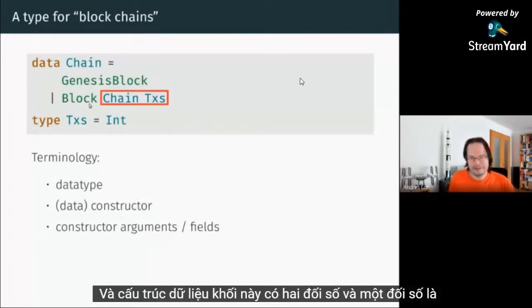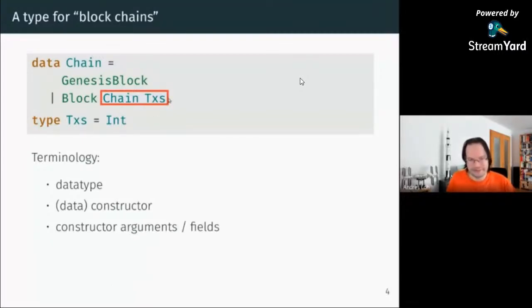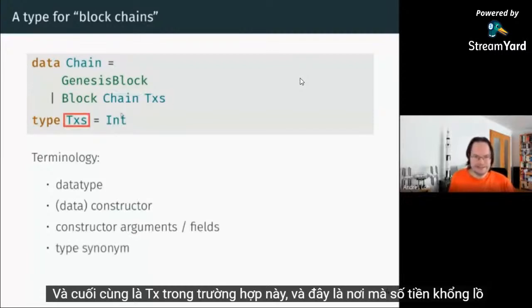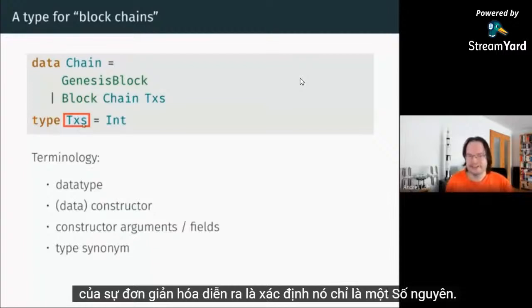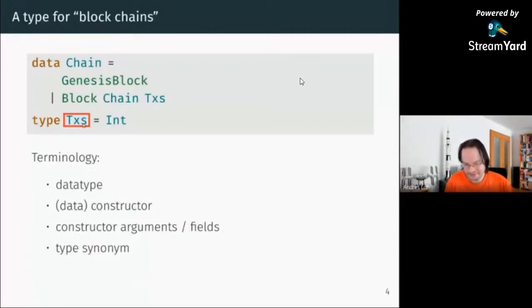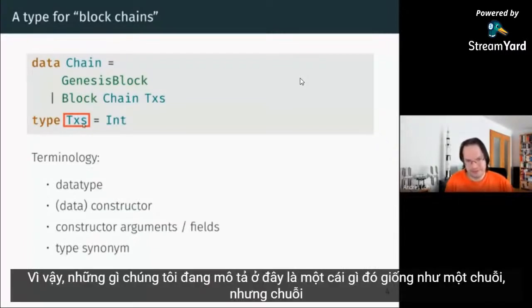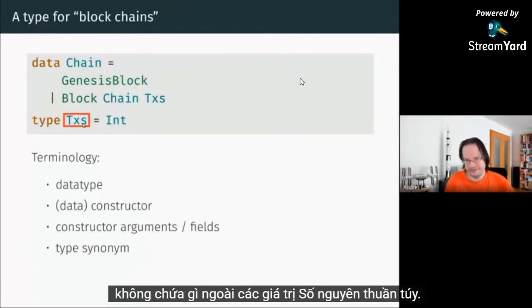And this block data constructor has 2 arguments, and one is of type chain, and one is of type TXS, which is short for transactions. And then finally, TXS in this case, and this is where the huge amount of simplification takes place, is defined to be just an integer. So what we are describing here is something like a chain, but the chain contains nothing but plain integer values.